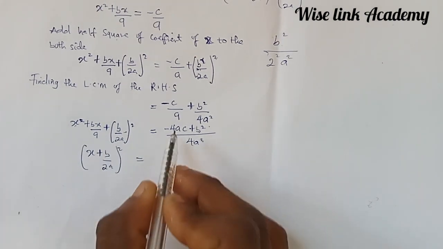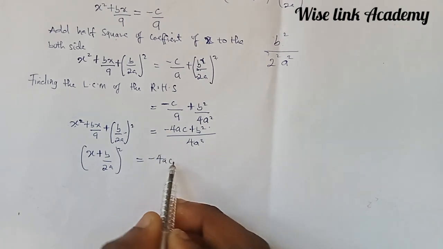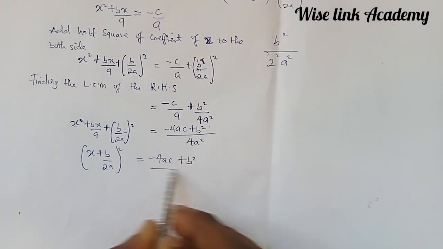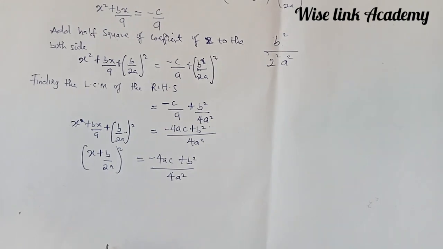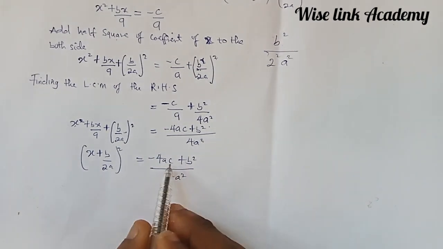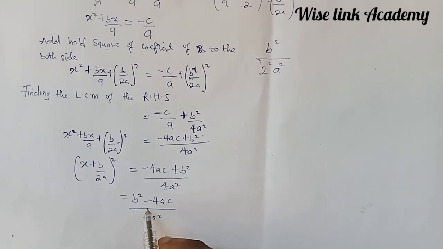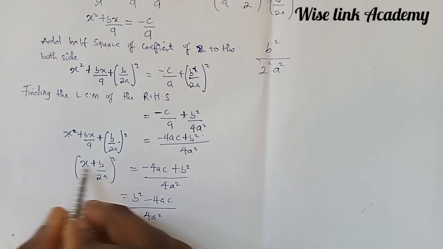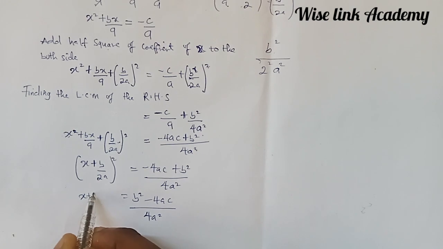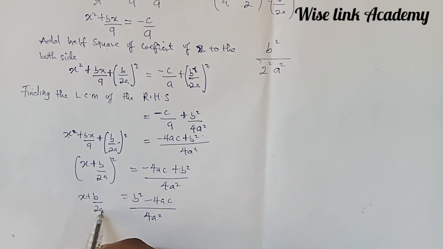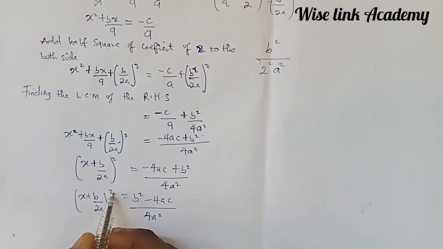So on the right we have minus 4ac plus b squared over 4a squared. Now I can rearrange this to be b squared minus 4ac over 4a squared. So you write this down by saying x plus b over 2a, then you square it.